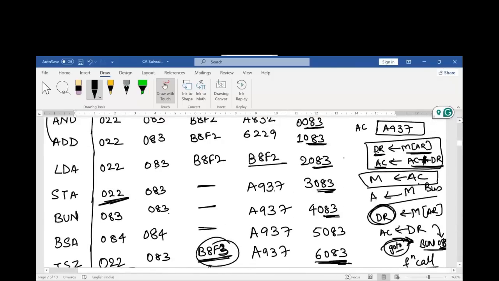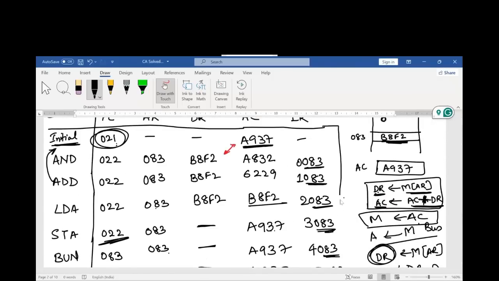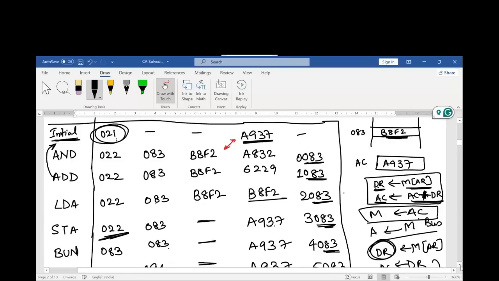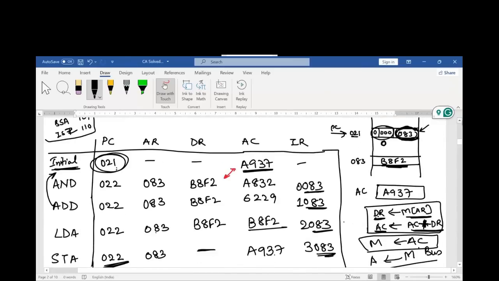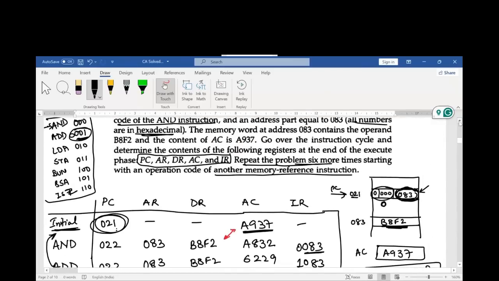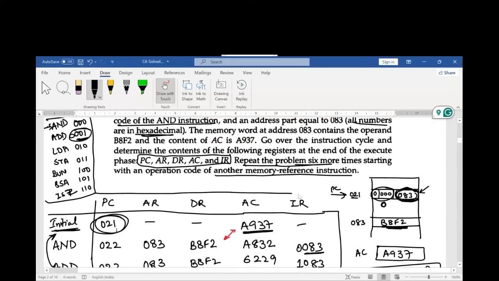Okay. So this is the list of all the memory reference instructions and the value of the different registers after execution of each and every instruction. I assume that you have understood this and you do not have any doubt in it.